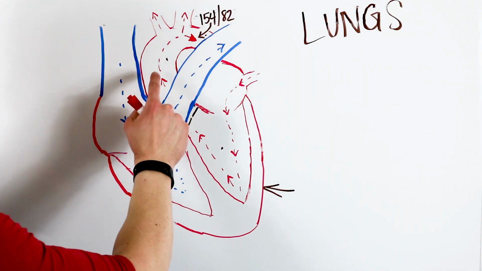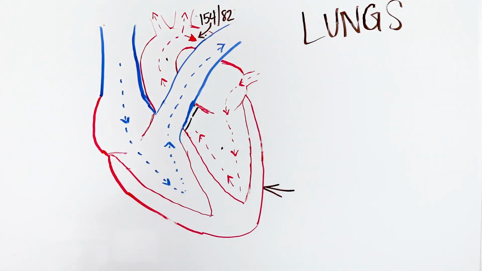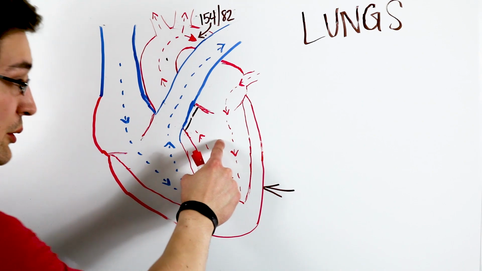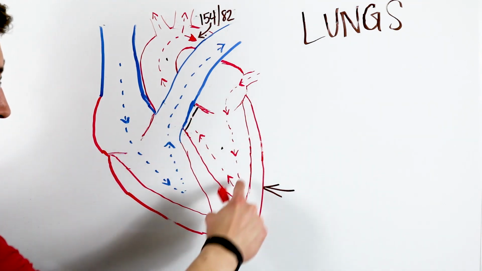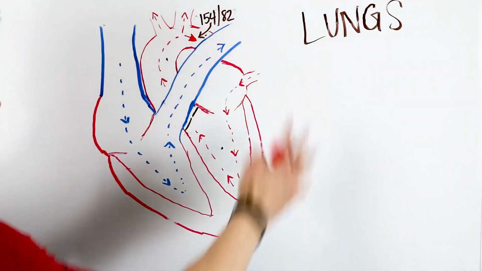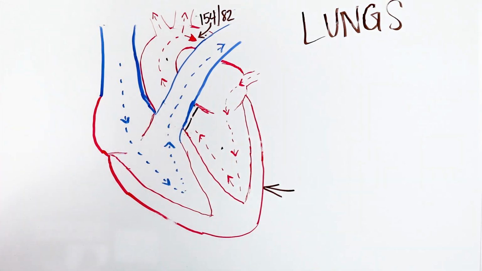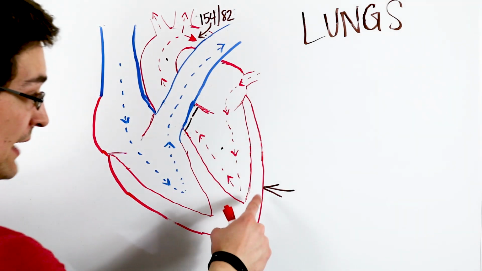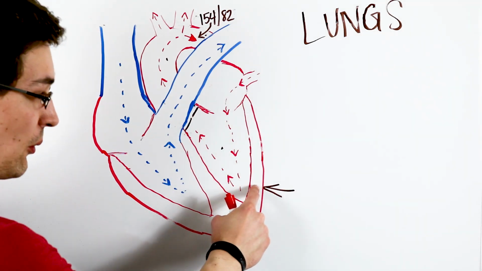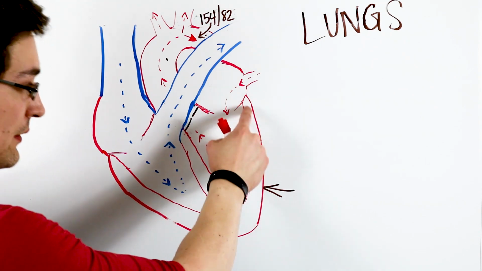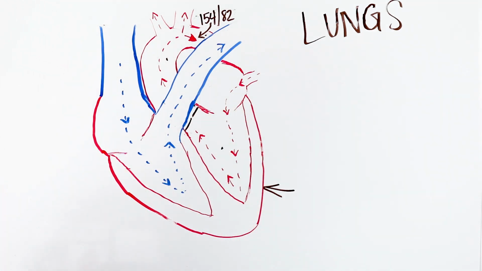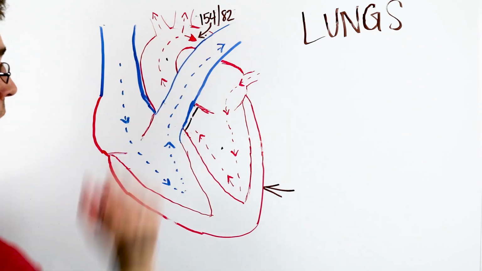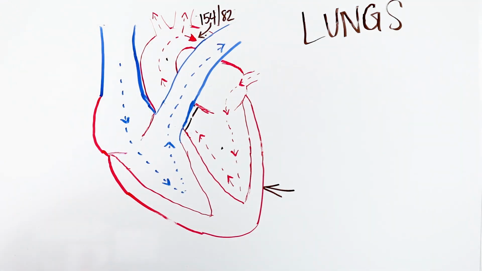So this high pressure situation needs to be overcome by your ventricle, which is now filled with blood. Let's say all that blood that went through here is now in your left ventricle, and it needs to generate enough force from this musculature, this myocardium right here, to overcome 154 over 82.